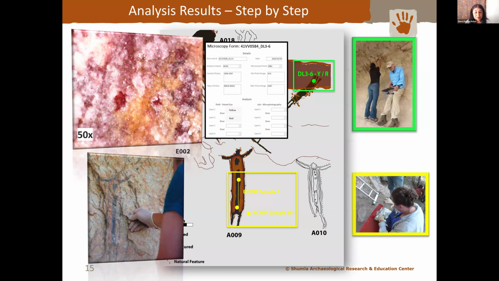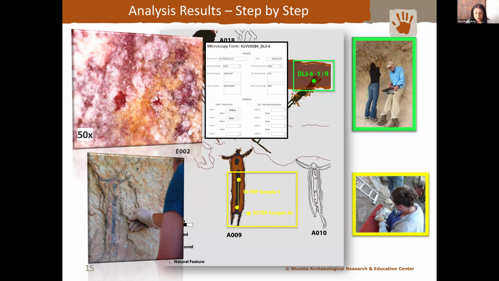For each microscopy spot, we include a green circle to mark the precise analysis location, a green label with data about the location and stratigraphy, a clear microphotograph showing the stratigraphic relationships, and a photo of the form.